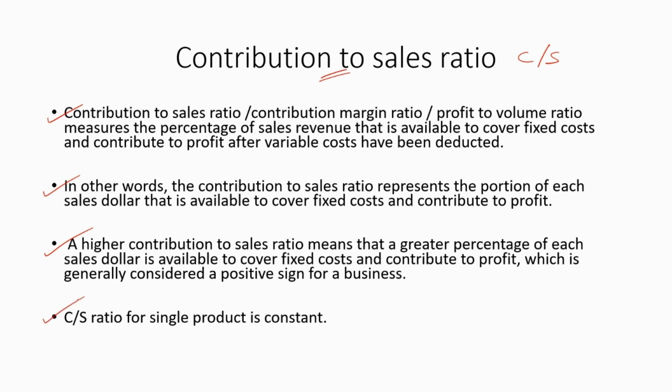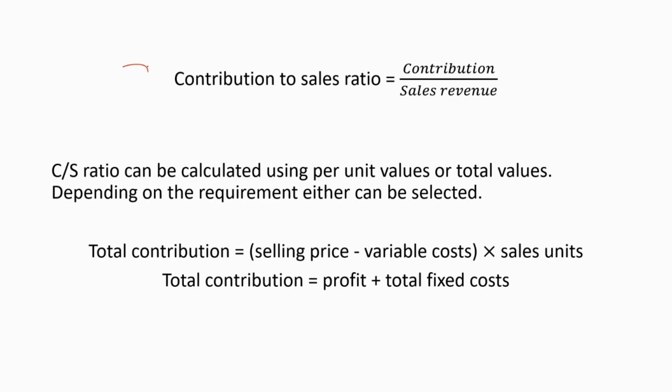CS ratio for a single product is constant. This is very important. The CS ratio for a single product manufacturing company is constant. This is the formula to calculate the contribution to sales ratio: contribution divided by the sales revenue.